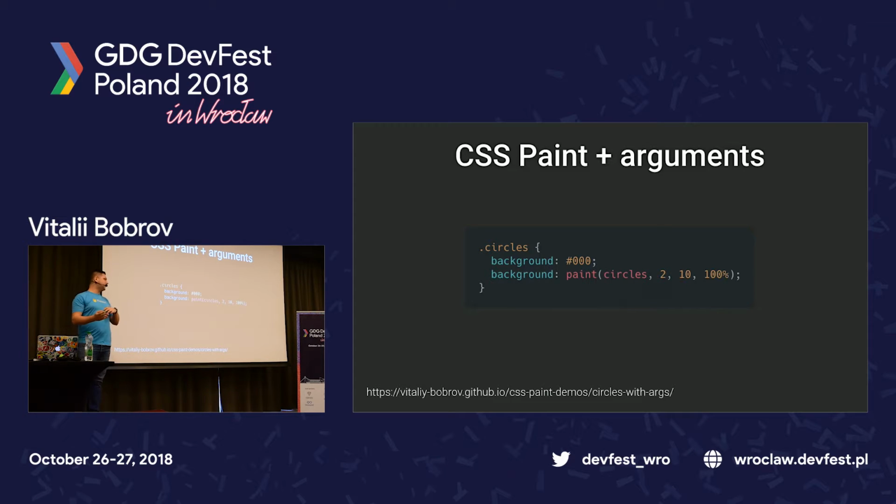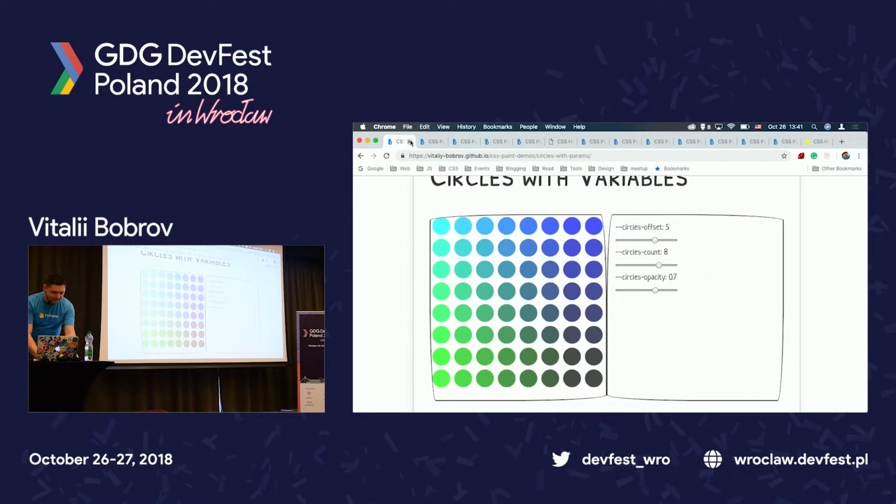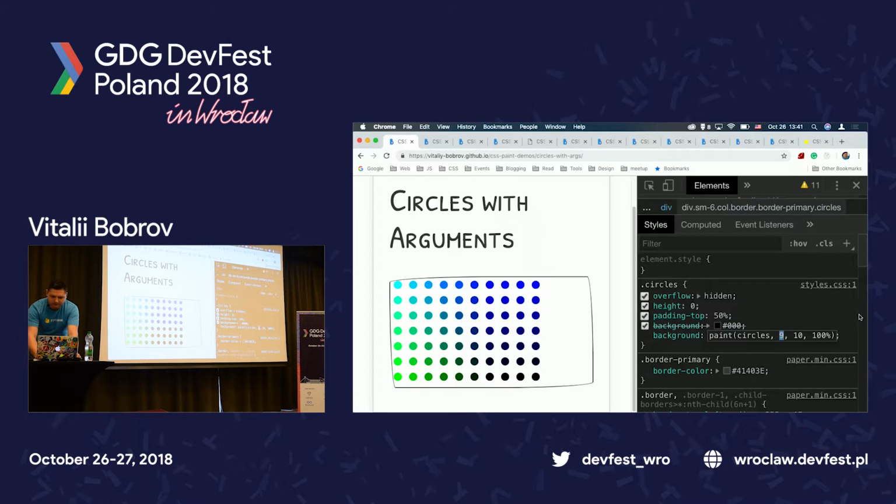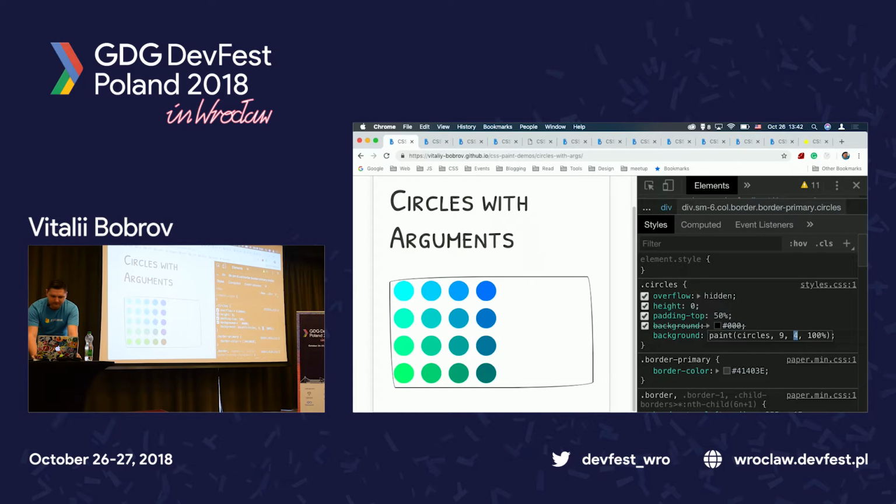And again, if any of the arguments change, CSS Paint will call render for us. And now I have this function, and if I change any argument, it will re-render the layout for me.